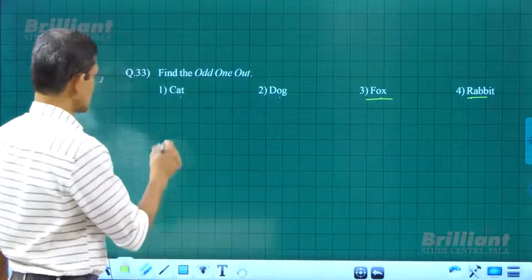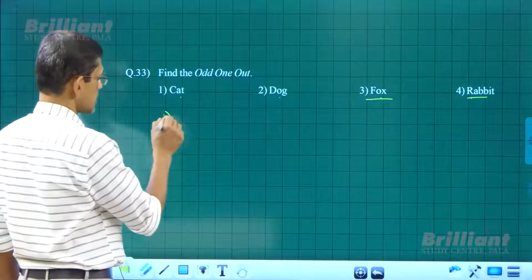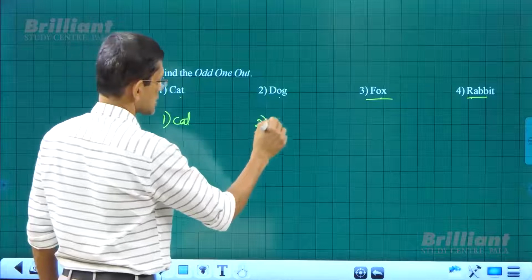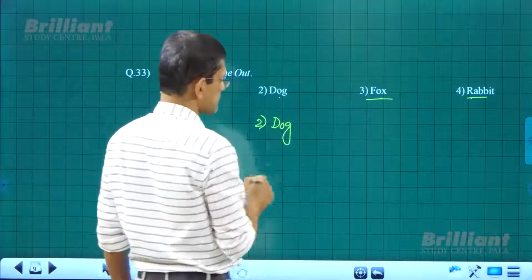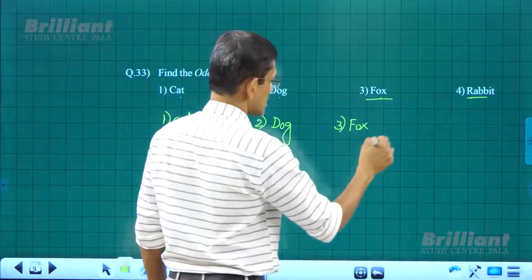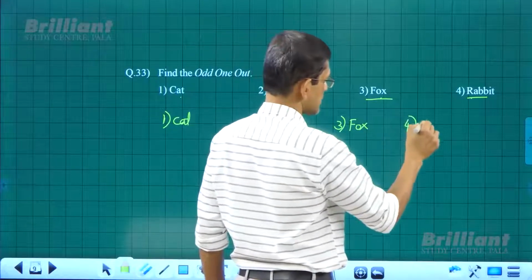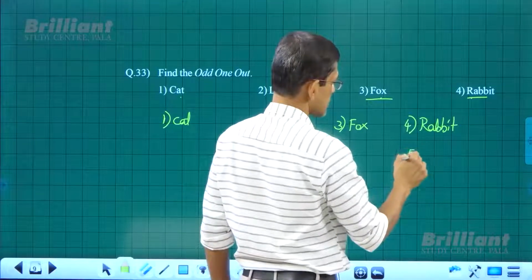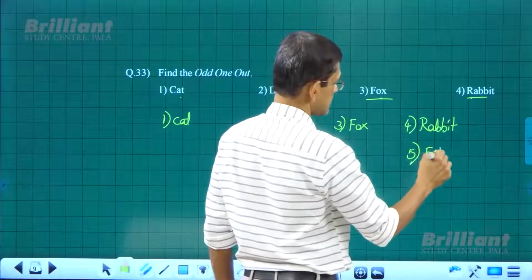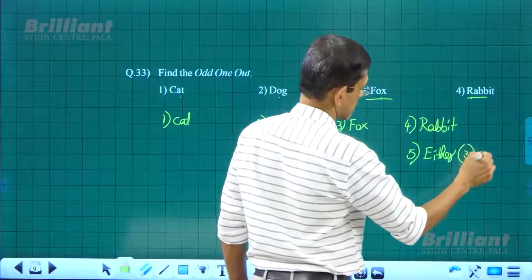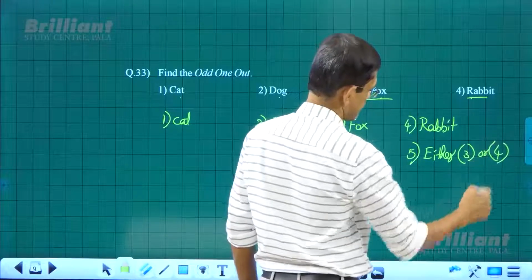So in this question, if you need to have the correct logical order of questions, then it must be like this: dog, 3 fox, and fourth one rabbit. And if we have another answer choice, let's say a fifth answer choice, either 3 or 4, then the correct answer is either 3 or 4.